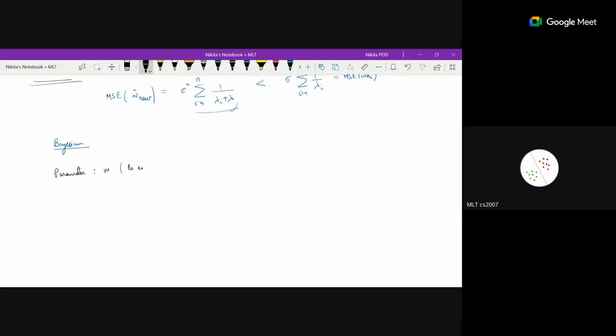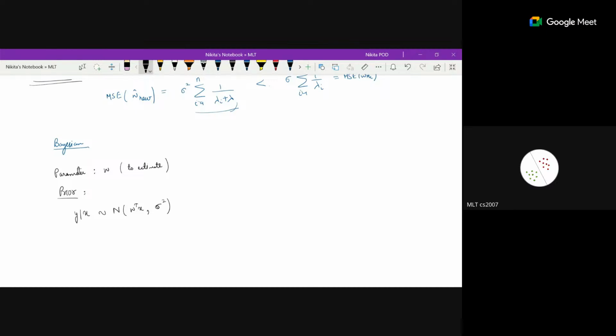If we are going to use the Bayesian approach, then we need a prior for W. What we already know is that y given x comes from a normal distribution with mean W transpose x and variance sigma square.